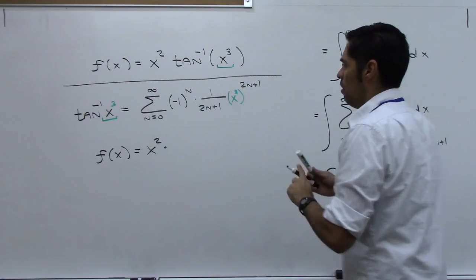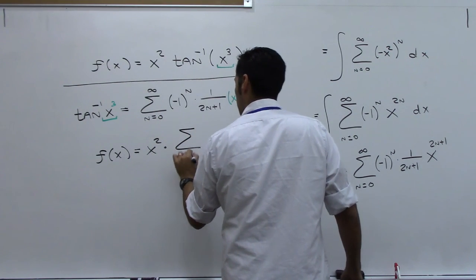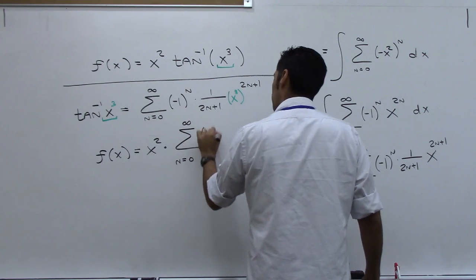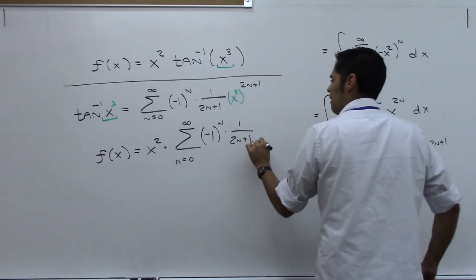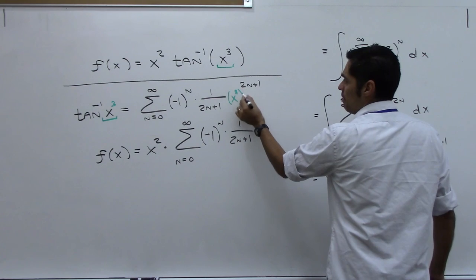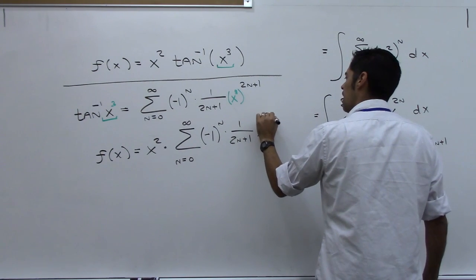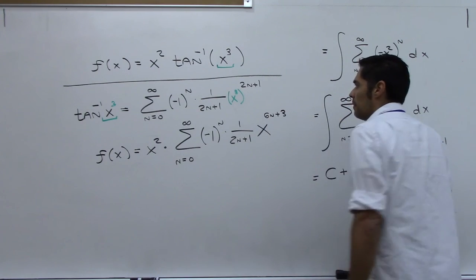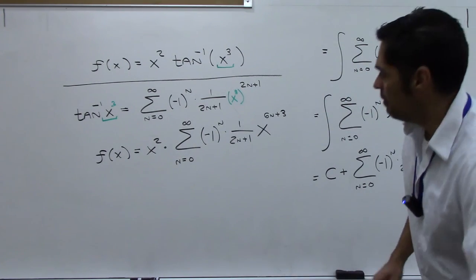And so what we get is sum n equals 0 to infinity, negative 1 to the n, 1 over 2n plus 1. And then this, when I multiply the 3 times this, I get x to the 6n plus 3. So 3 times that, 3 times that. So that's what f of x is.